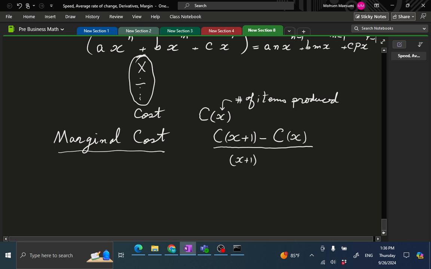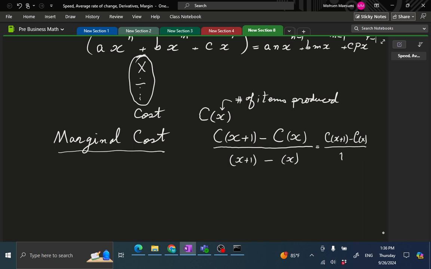At the second stage it is X plus 1, at the first stage it was X. So your production has gone up by one item. So this is just 1. So this is C of X plus 1 minus C of X.